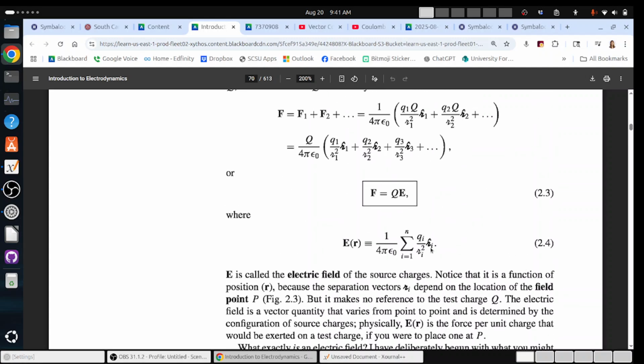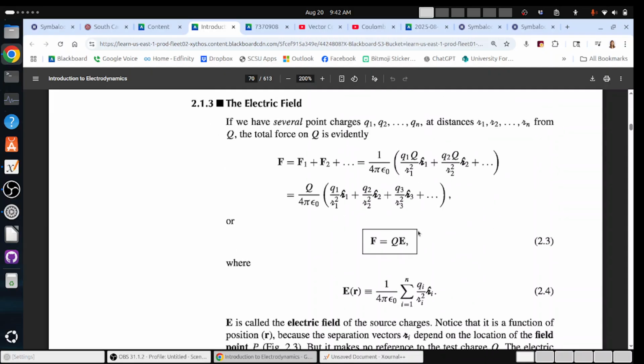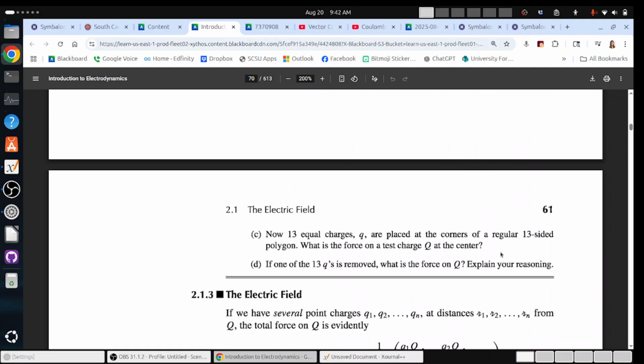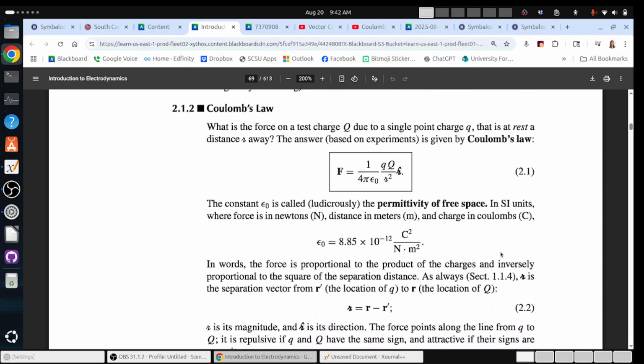So when we look at all of this, and we'll look a little bit more at this in one of our future lectures, they immediately say, I've got several different charges away from one charge. My one charge is the charge I care about, my test charge. And since all of those have the same capital Q, they start doing some other stuff with it. We'll get to this. But just for now, showing you that difference between if I have individual charges, one of them is a little q and one of them is a big Q.